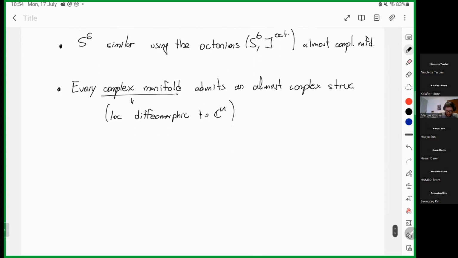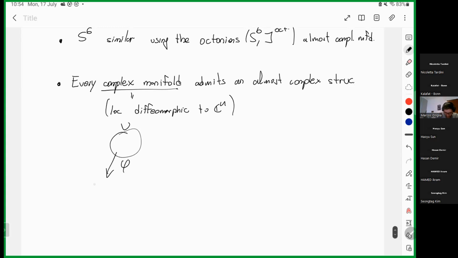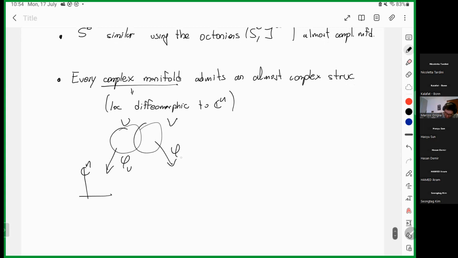So you have, let's say, U, this is open in your manifold, and then you have maps going from U to C^n, and the same with another open set in your manifold. And in the intersection, you can define just the composition, and this is holomorphic. That's what I mean by complex manifold, right?